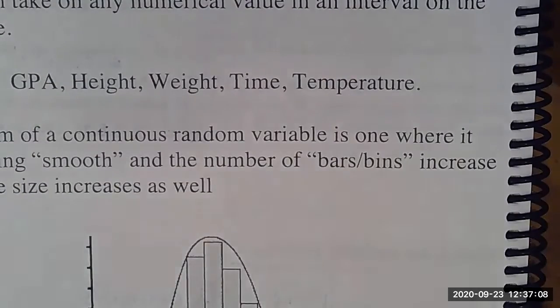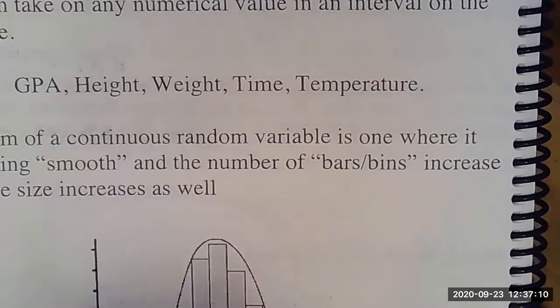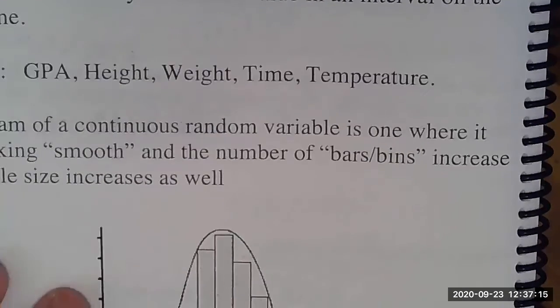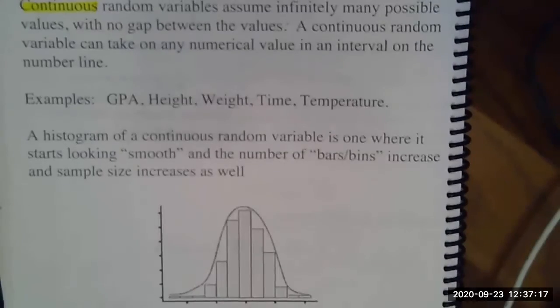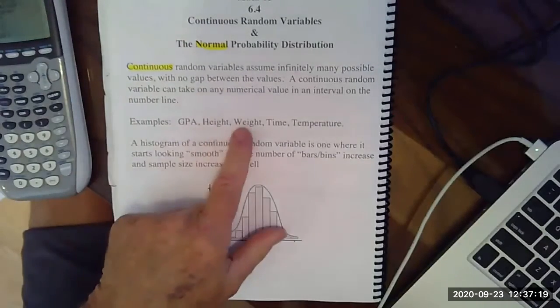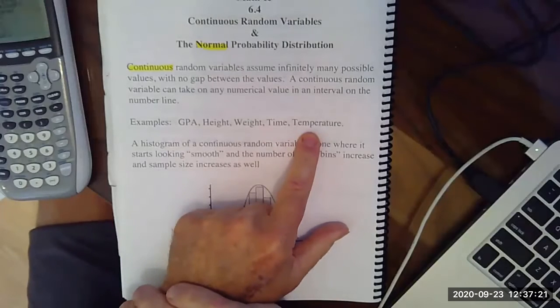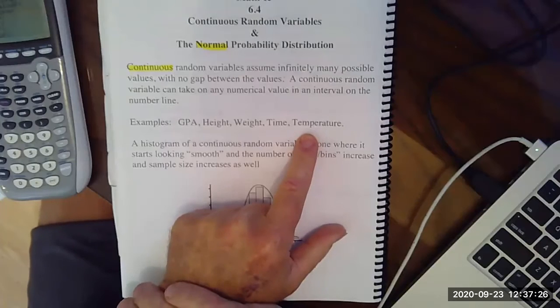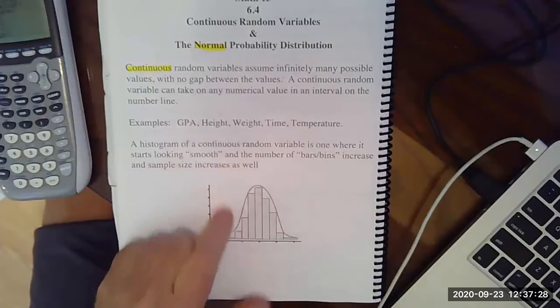All right, so it's continuous. And reminder, if it's continuous: height, weight, time, temperature, we've talked about those examples back in chapter 1, and then GPA.